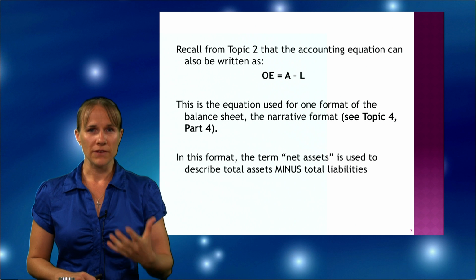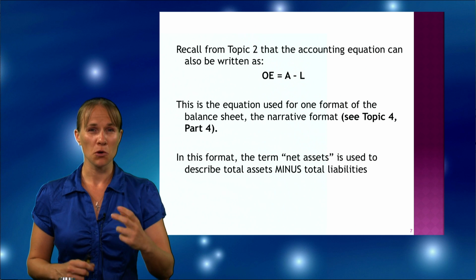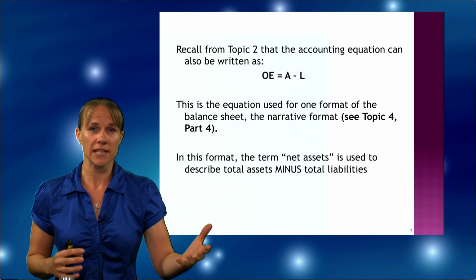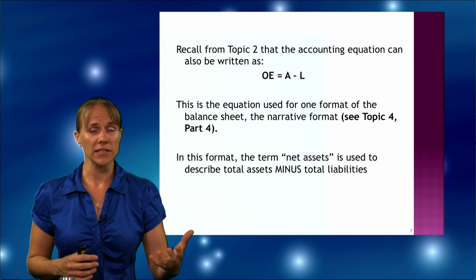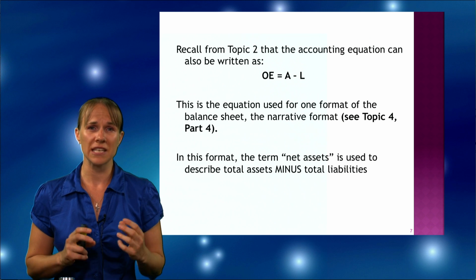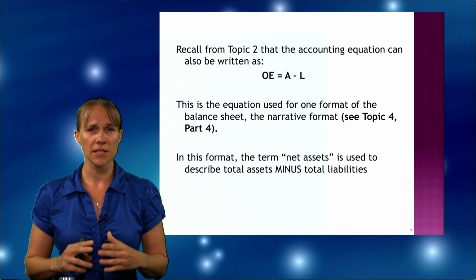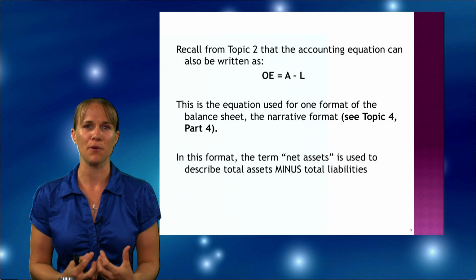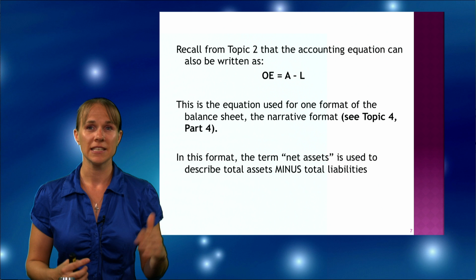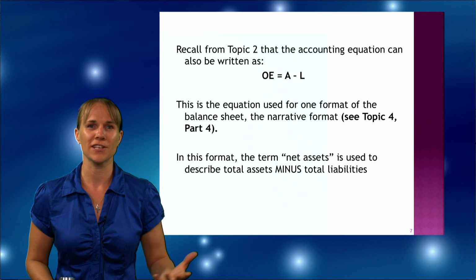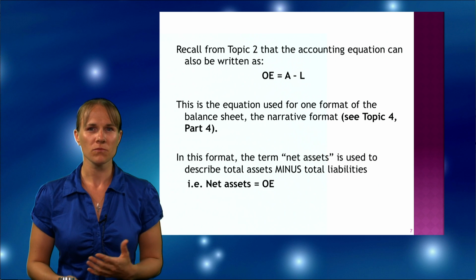So whenever you see net assets, it's more or less saying that's the same thing as equity. Another point to take away is that when you see the word net in front of something, it means there's a calculation behind it. So net assets is assets minus liabilities. That's the calculation behind it.